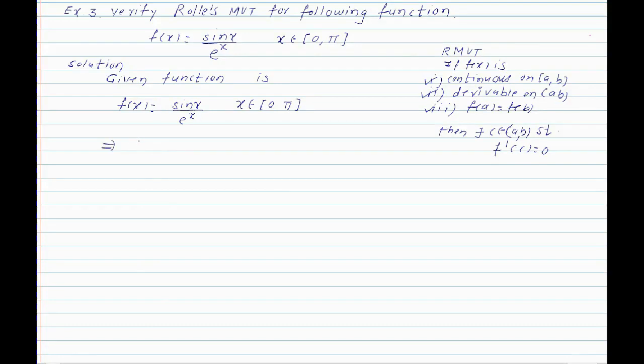Now let us write this function as e to the power minus x into sin x. Now exponential function is continuous, sin x is continuous on any interval, therefore this product function is also continuous on any interval, and therefore f of x is continuous on closed interval 0 to pi.